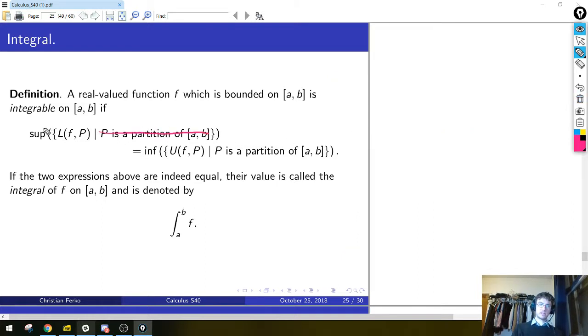I'll just write the supremum of all of the lower sums of f comma p. And you'll say, what is p? And I said, okay, fine. Secretly this means p is a partition, but I don't want to write this out every time. So to shorten it, I'm going to write this and just trust that between friends you won't yell at me for not declaring what the variable p is. But I agree, it's a little wordy. It becomes less wordy if you truncate that thing. Good. Other thoughts?